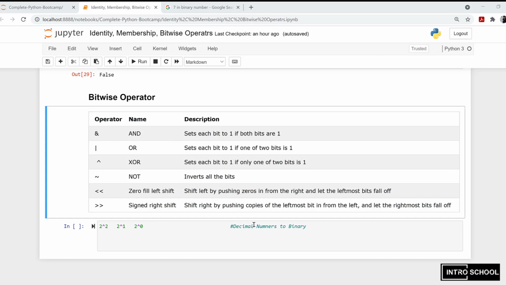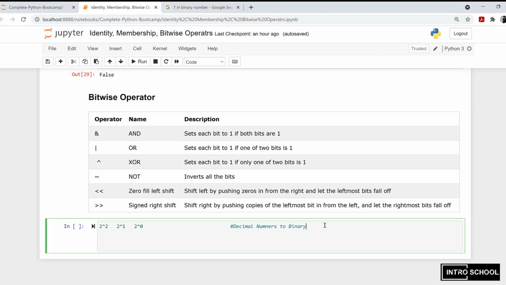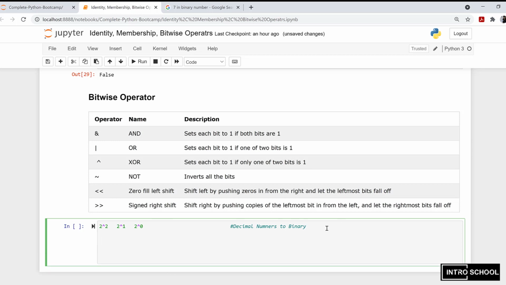Are you interested in knowing how decimal numbers are converted to binary numbers? I'm giving you an example of how to convert a 4-bit number. For that you must know some mathematical rules of this notation.